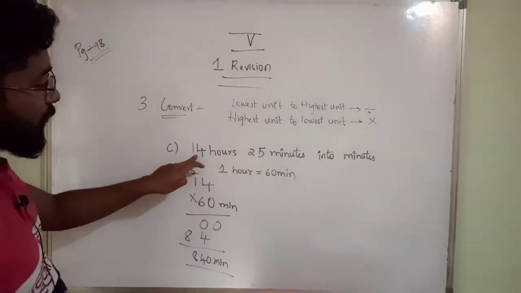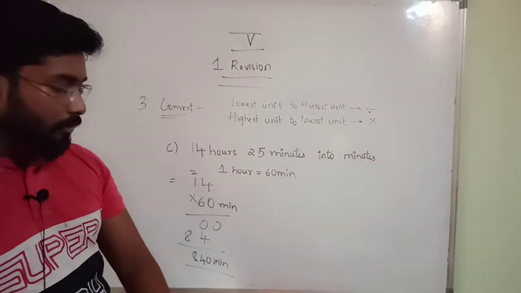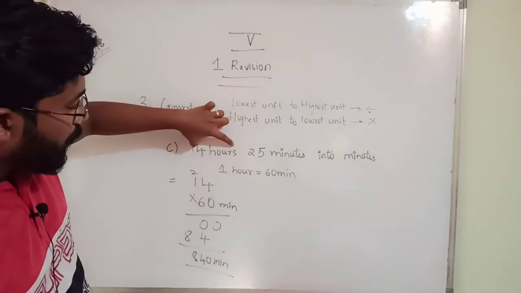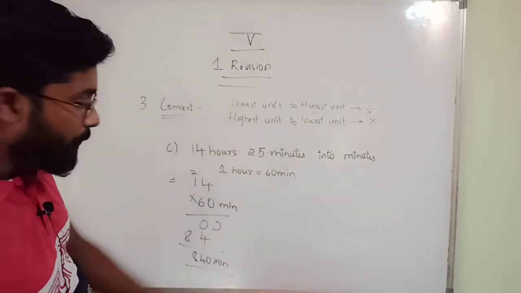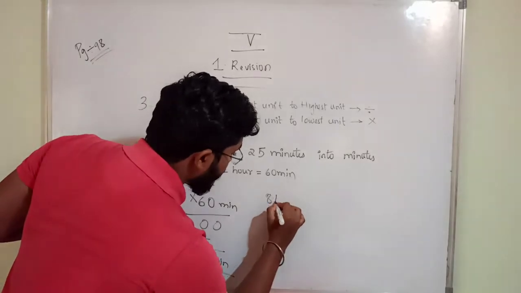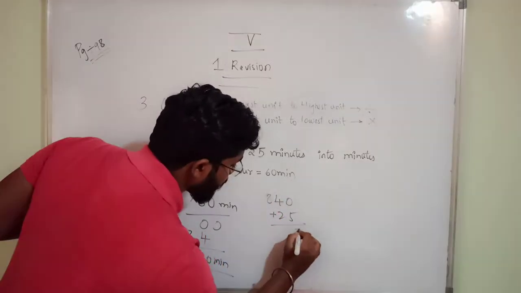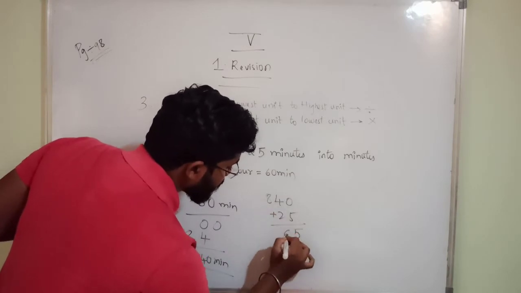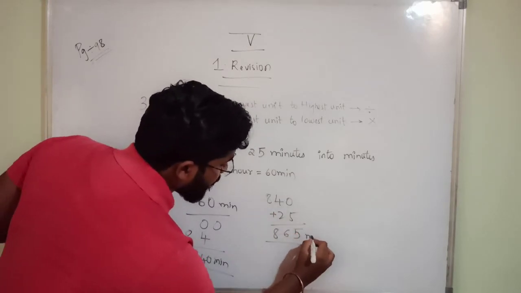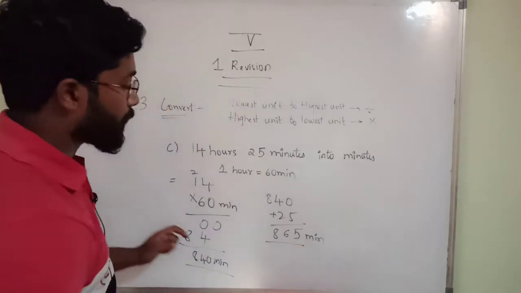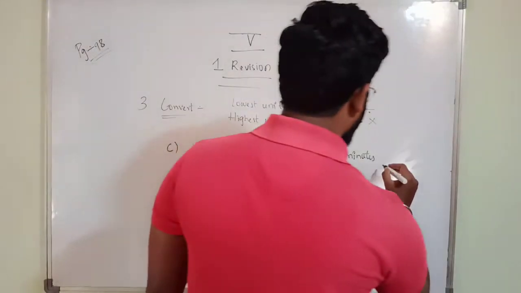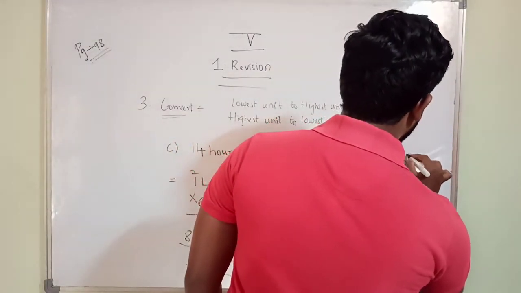This is 14 hours we have converted into minutes, only this part. Now next, 25 minutes are also there, no? So 840 plus 25. 0 plus 5, 5. 4 plus 2, 6. 8. 865 minutes.